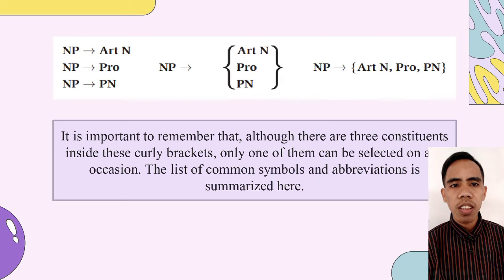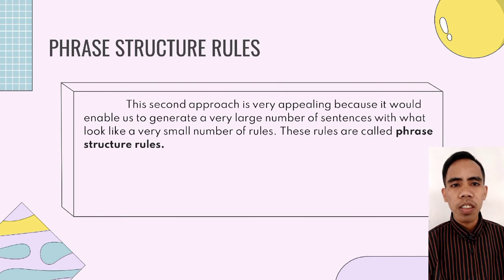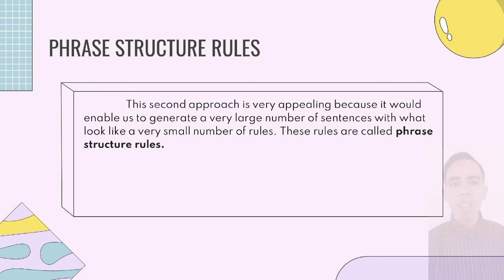It is important to remember that although there are constituents inside the curly brackets, only one can be selected on any occasion. The list of common symbols and abbreviations is summarized here.